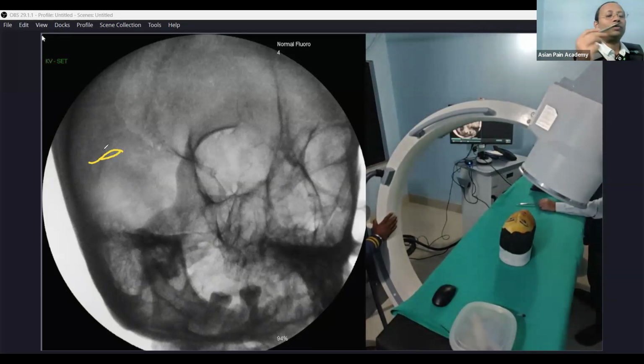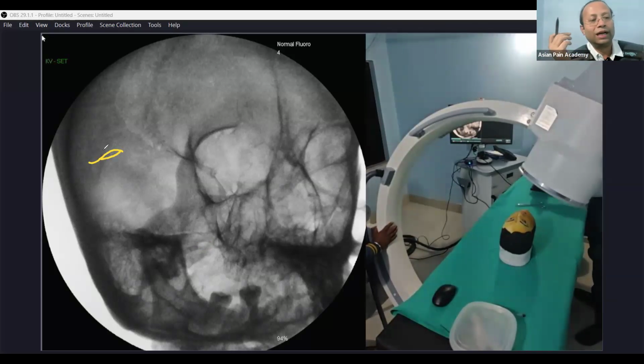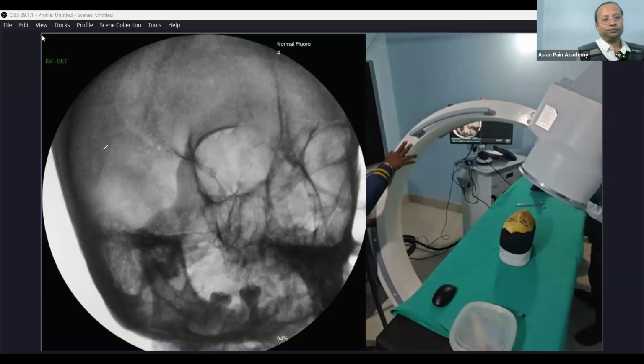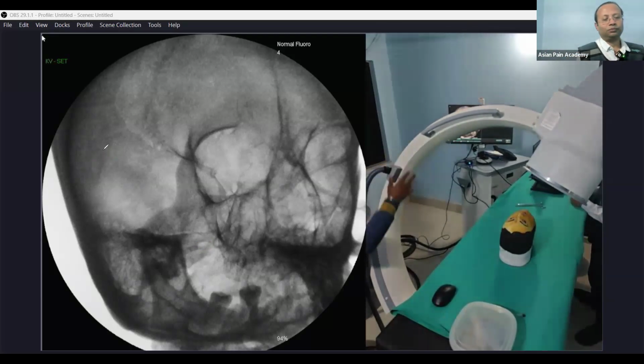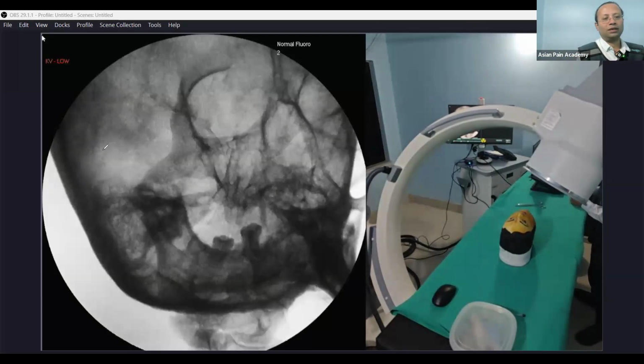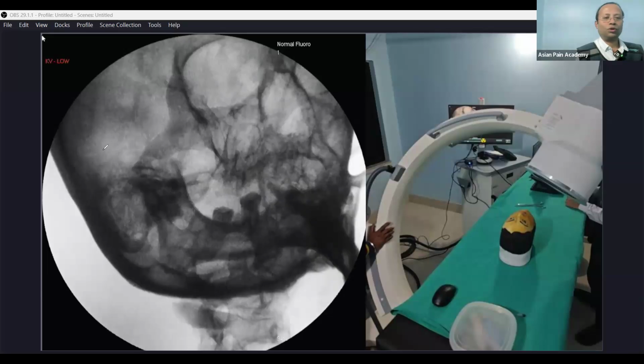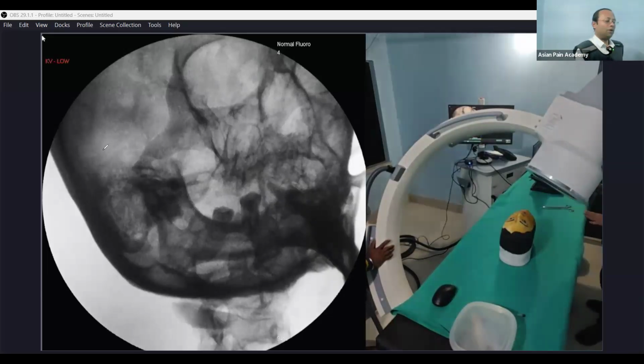Anyway, we will change this craniocaudal angulation, a bit more or less, to make it as open as possible. So again we are going to the correct position. Okay, this is the perfect position.